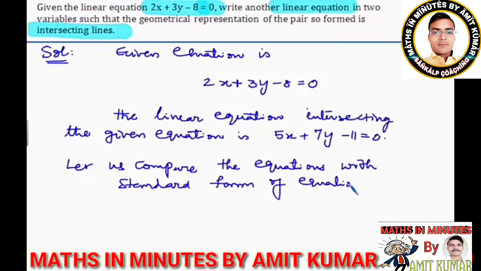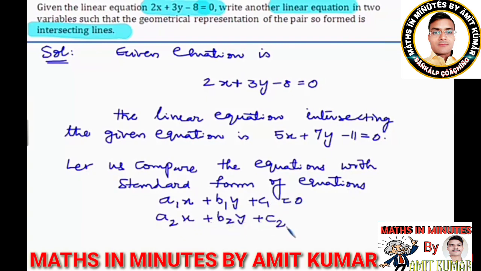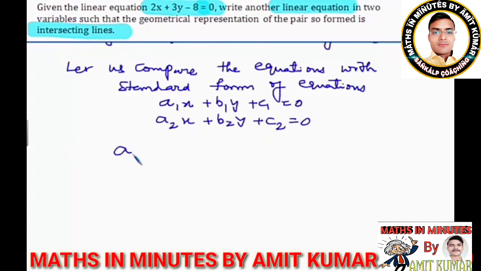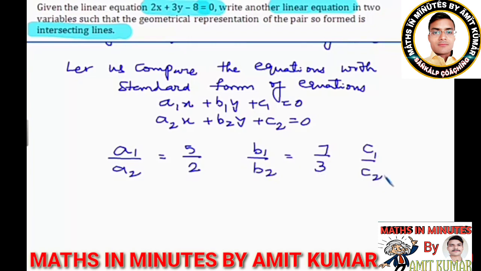a1x plus b1y plus c1 is equal to 0 and a2x plus b2y plus c2 is equal to 0, and we obtain a1/a2 is equal to 5/2 and b1/b2 is equal to 7/3 and c1/c2 is equal to -11/-8, which implies 11/8.